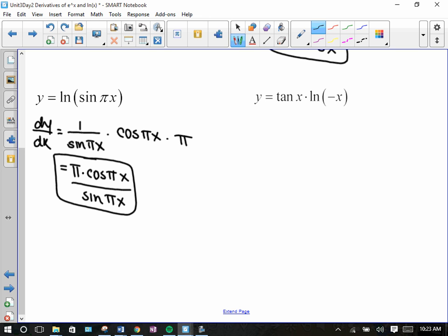So dy/dx is going to be u of v. So u dv times 1 over negative x, negative 1, plus v du.